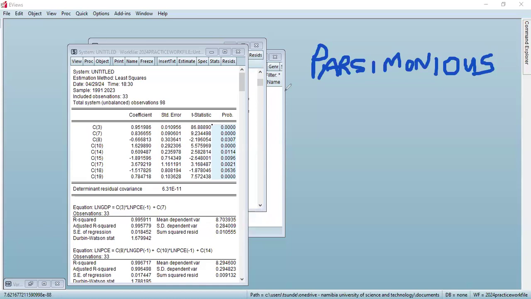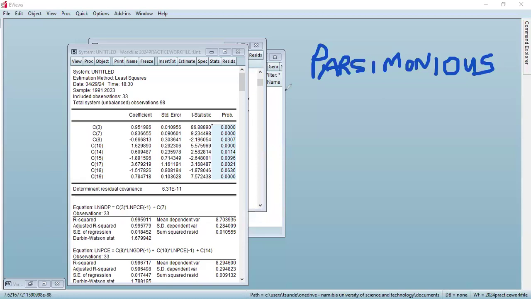You get the parsimonious model after eliminating those variables, or those lags of variables, which are insignificant in explaining the dependent variable. So you just remove them.